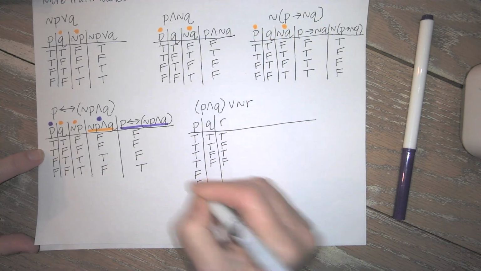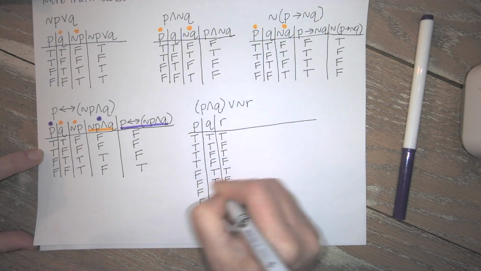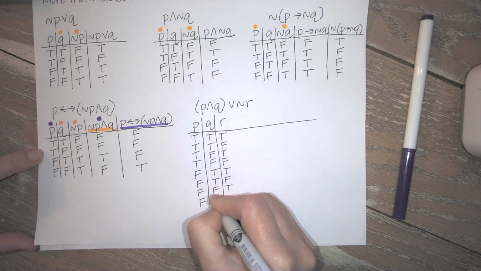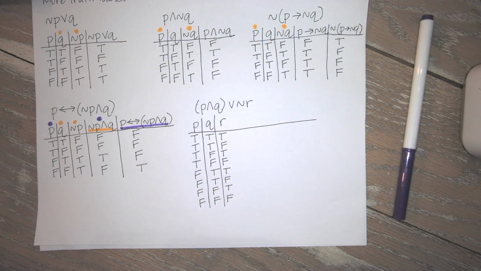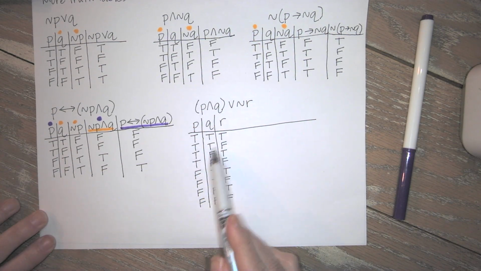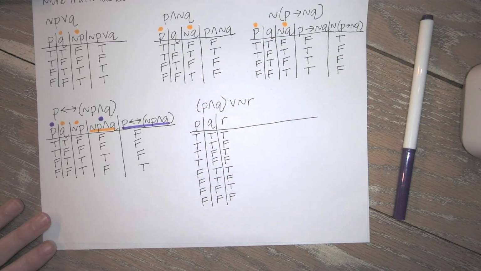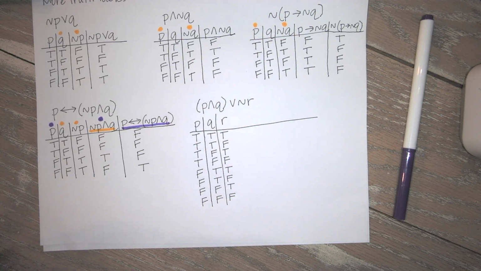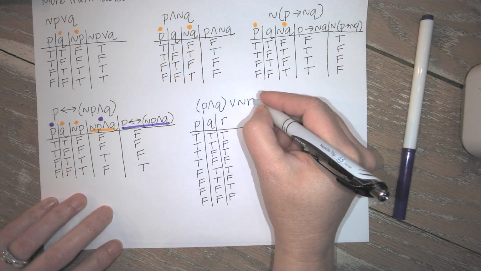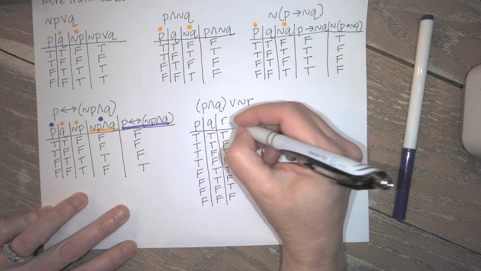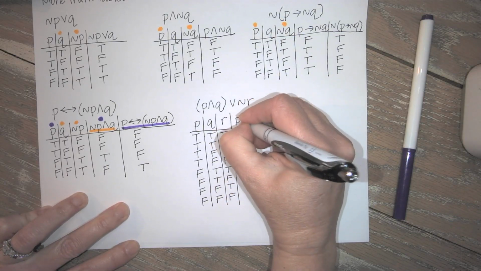And then I'm going to do it again. True, true, true, false, false, true, false, false. And that will give you all 8 possibilities for the different truth values for P, Q, and R. All right, so once you have that part, then you start on your statement. I'm going to start with my parentheses, and I'm going to go ahead and make a column for P and Q.